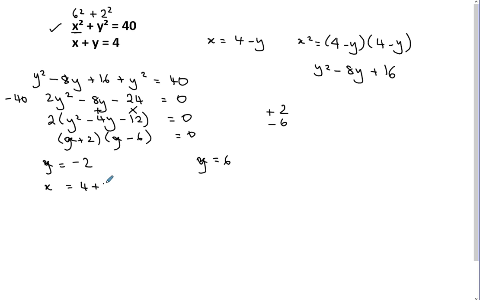So you've got 4 plus 2, which is 6. And if y is 6, then x equals 4 minus 6, which is minus 2. And again, we're smiling away because we knew about the 6 and the 2. We just didn't know which was a positive and which one was a negative.